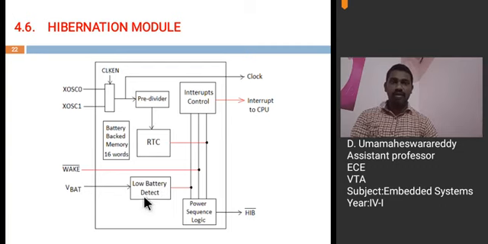It monitors the battery level, and when there is a low battery, it automatically generates an interrupt to bring your CPU and peripherals back into the active state. These three signals, one from the RTC, another from the wake up pin, and another from the low battery indication, will bring back your CPU and peripherals into the active state from the hibernation state.